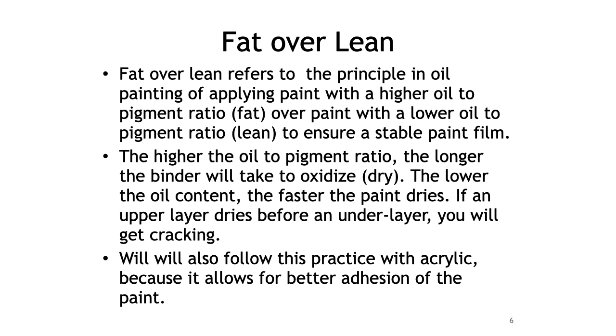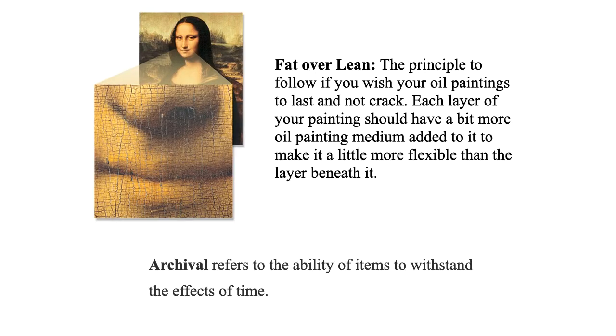If you were to put a less oily layer of paint over a more oily layer of paint, that top layer will actually dry faster because oil paint oxidizes, right? It'll actually cause some instability in the paint and you will get something like this where you get cracking.